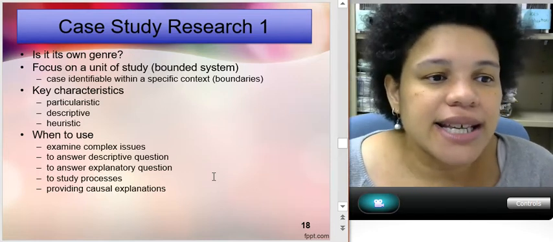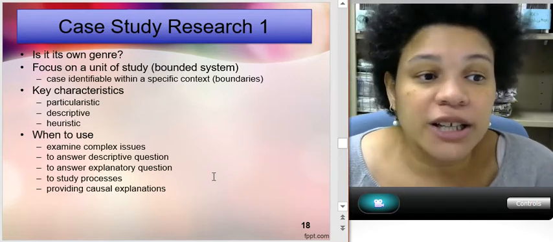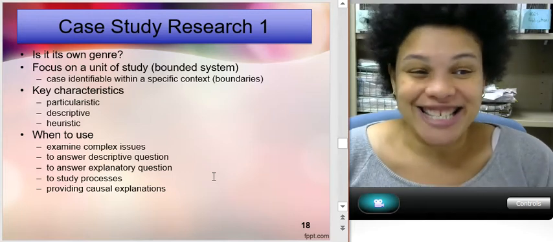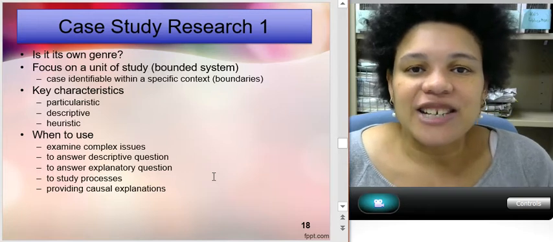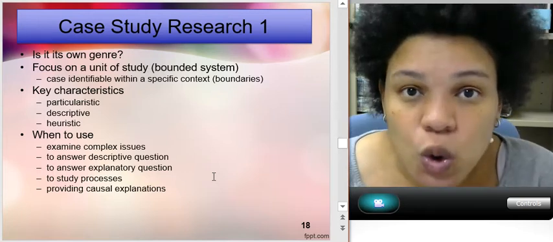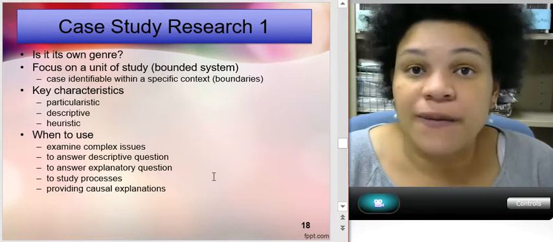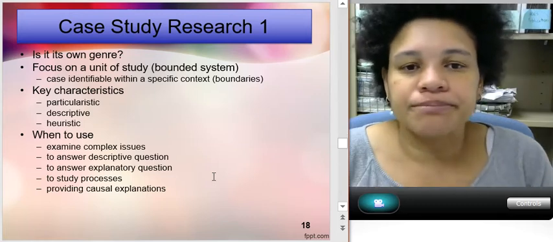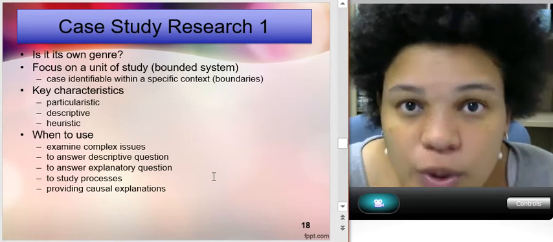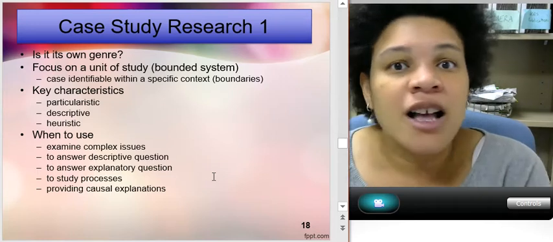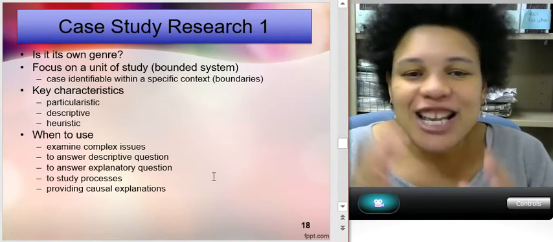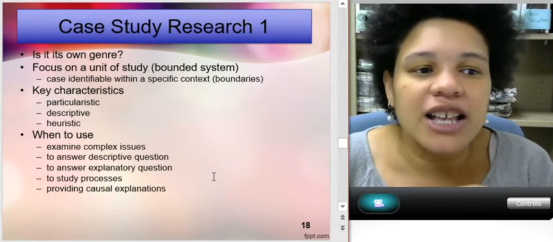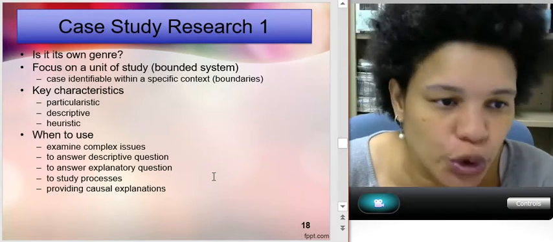Key characteristics are that it's particularistic, descriptive, and heuristic. So you have this idea of you're at this specific school, or you're studying this specific group. You're studying juvenile delinquents. You're studying female softball players. Whoever you're studying, you're studying a particular group.